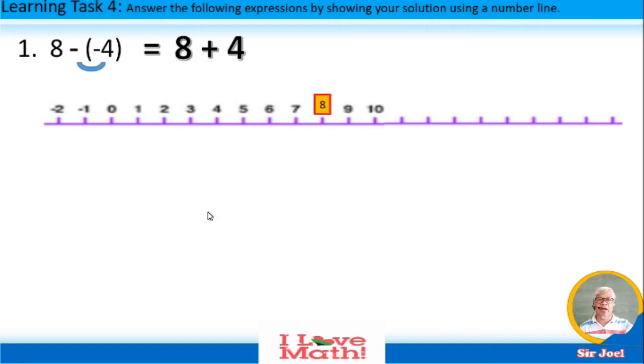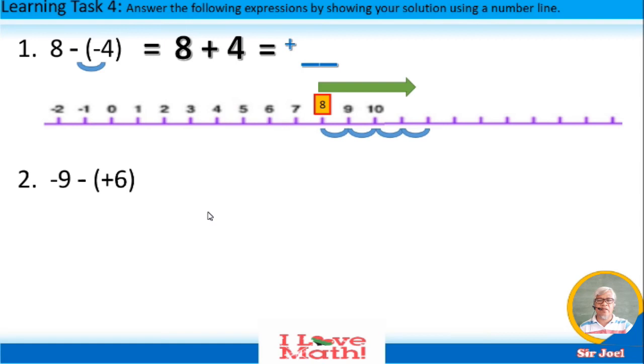Dahil sumunod ay plus 4 or positive 4, so moving to the right ng ilang beses? Ng 4 na beses. At syempre pa, dahil kita nyo naman kung nasan kayo sa number line, kung kayo ba ay nasa positive or negative, so ina-expect na ang sagot natin sa number 1 ay positive blank. Ano kaya yung pinakahuli after na mag-move ka ng 4 units to the right? Dahil yon ang magiging kasagutan.